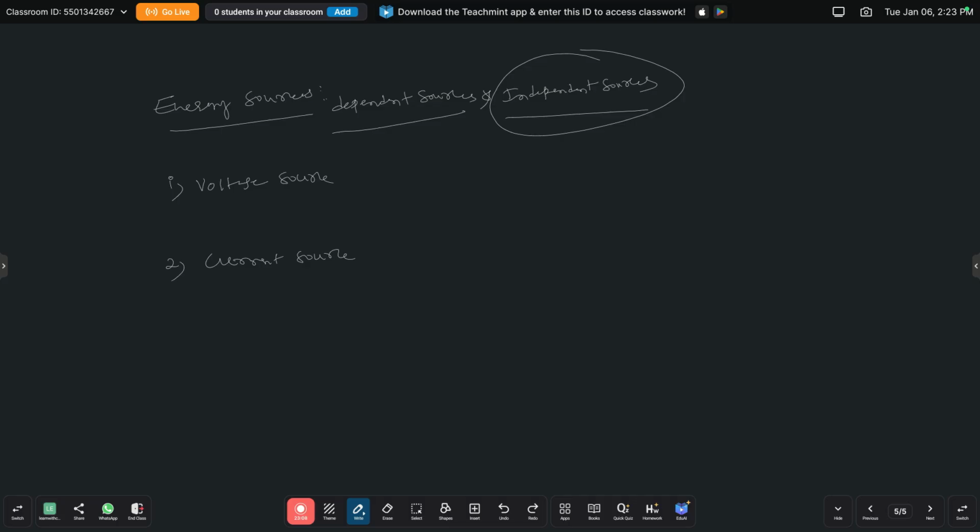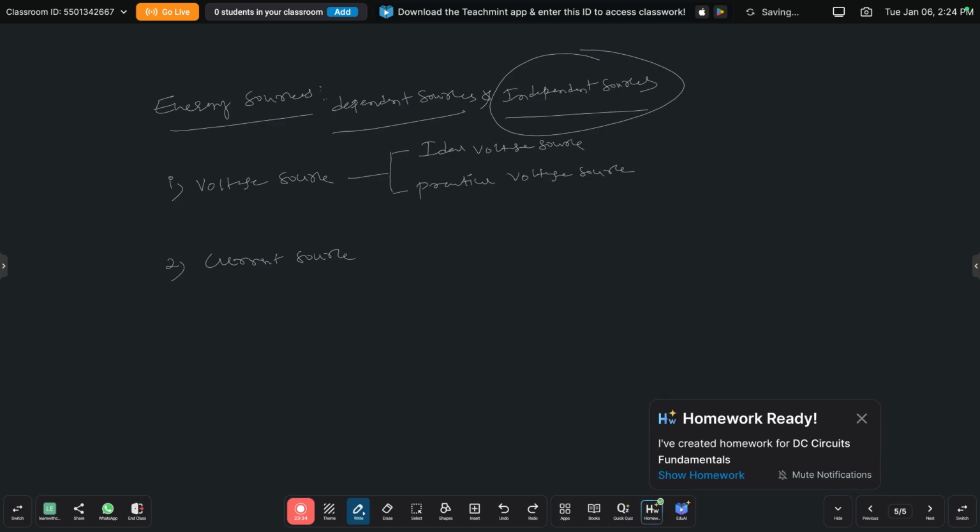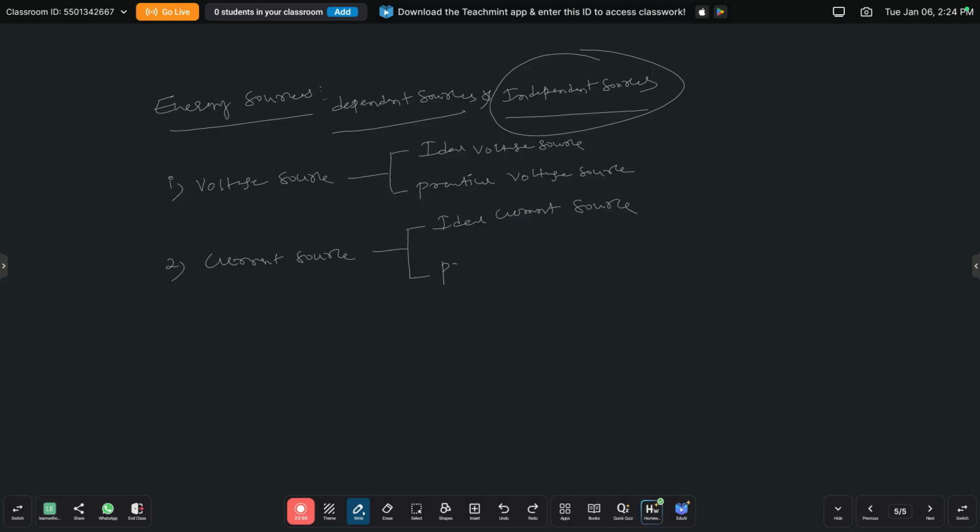The voltage sources are again classified into two types, the ideal voltage source and the practical voltage source. Similarly, the current source is classified into two types, the ideal current source and the practical current source.